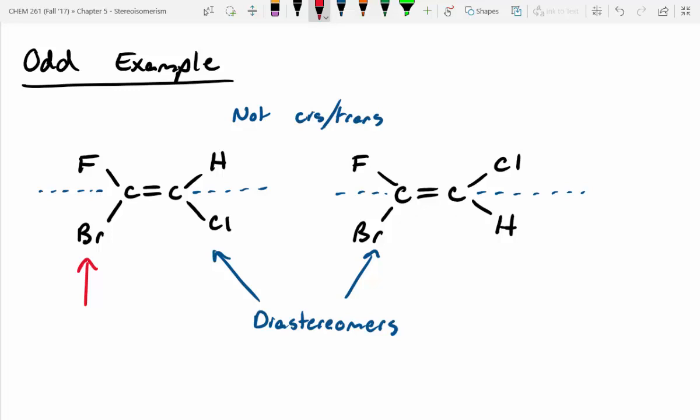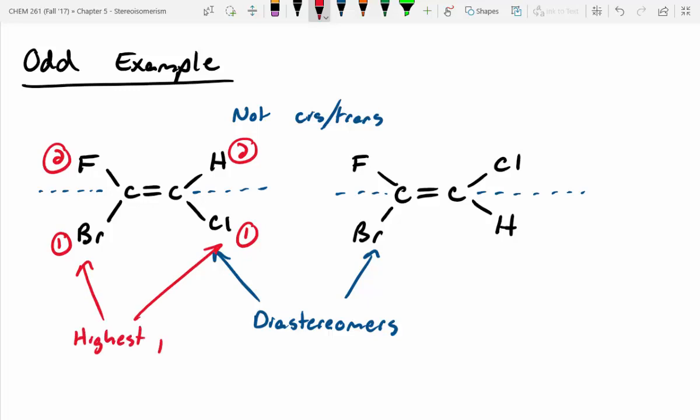Why bromine? Because it's heavier, right? Okay, so bromine, because it's heavier, is going to be position 1, and then fluorine is going to be position 2. All right, now the same thing on the right-hand side. What will be higher priority? Chlorine, okay. So I'd say 1 and then 2. So what I would do is I would say the highest priorities are on the same side.